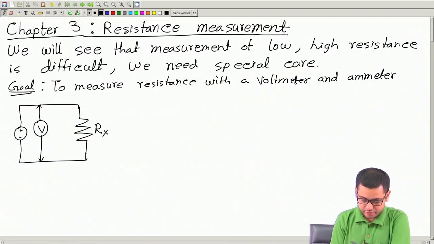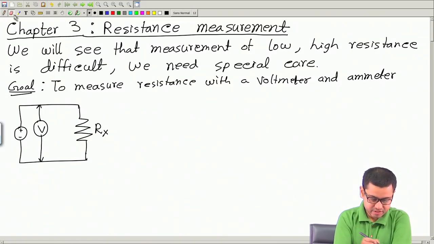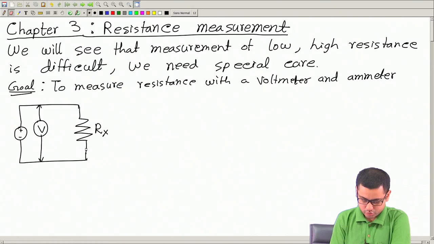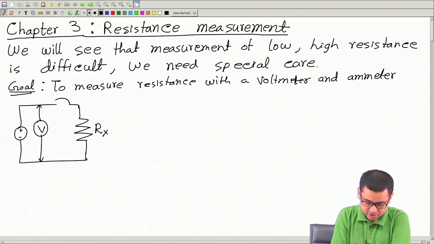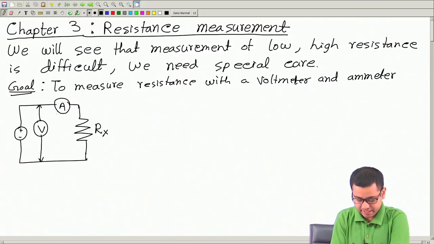Then I will measure the current through this resistance. I need an ammeter, and I have to insert it in series, since we know that ammeters are connected in series. The symbol is an A inside a circle.